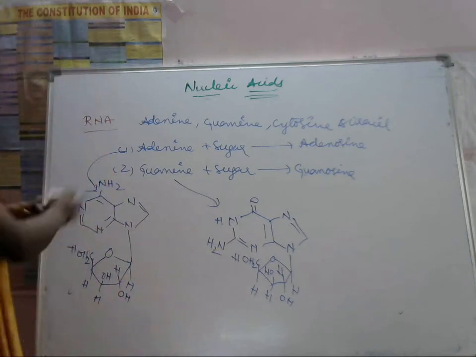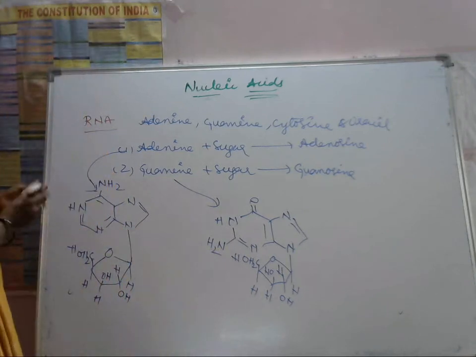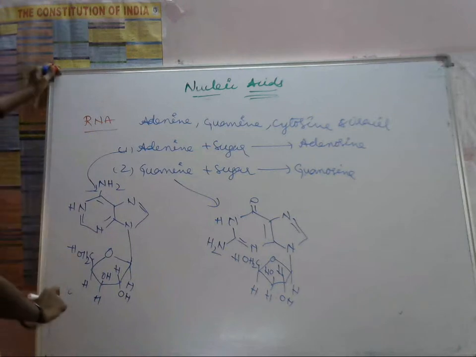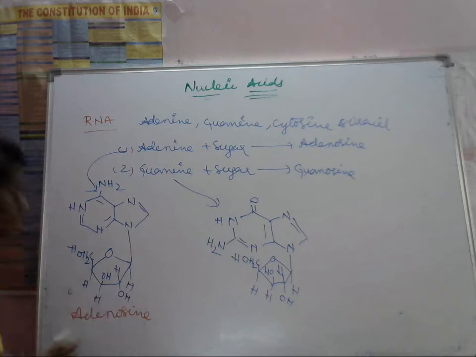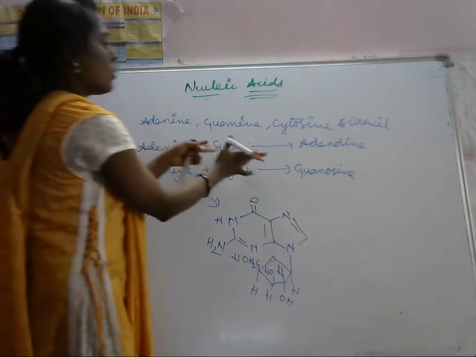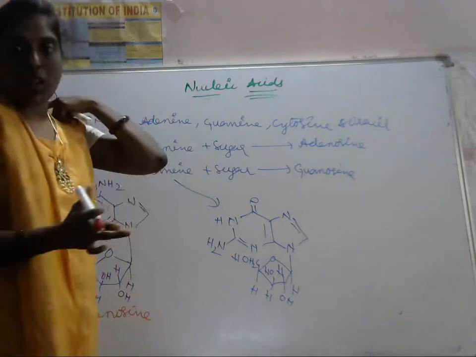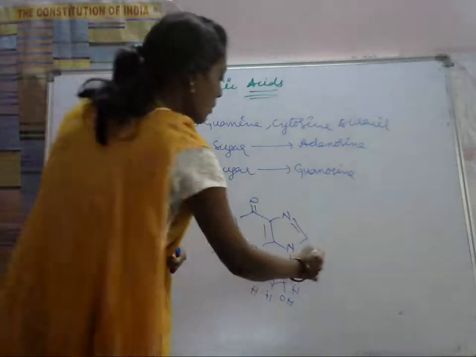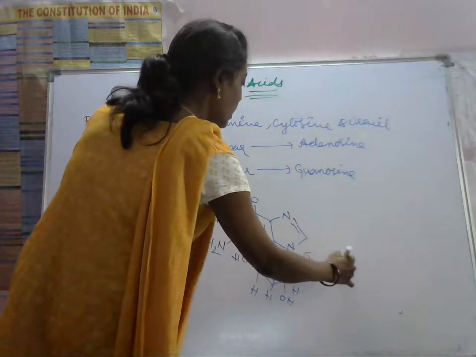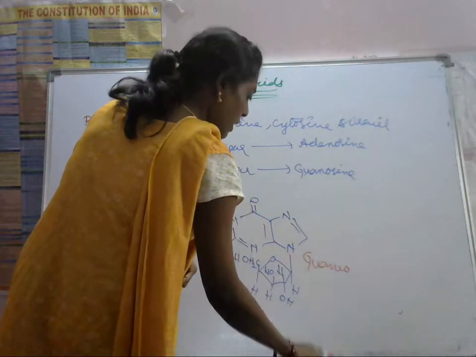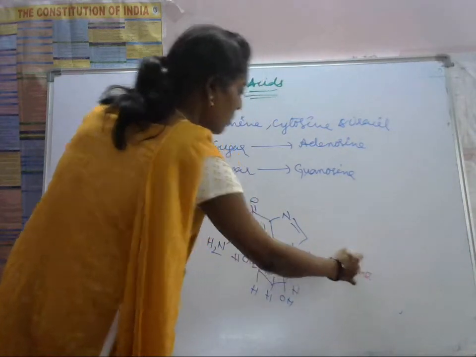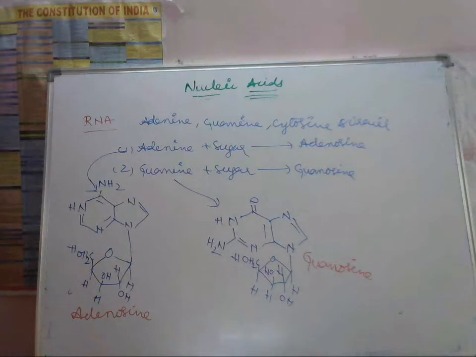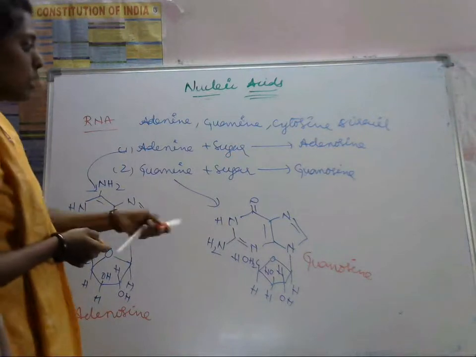Okay, so this is the adenosine. Adenosine means adenine plus sugar, so it is called adenosine. This is guanosine, meaning guanine is there as well as the sugar group, so that's why this is called guanosine. This is the purines present in this one.